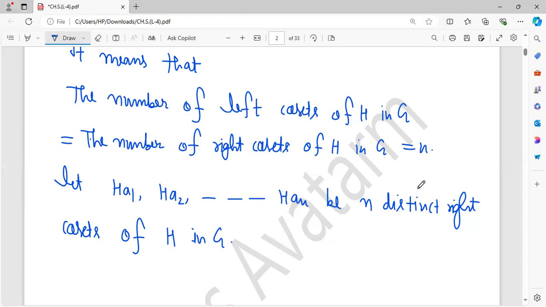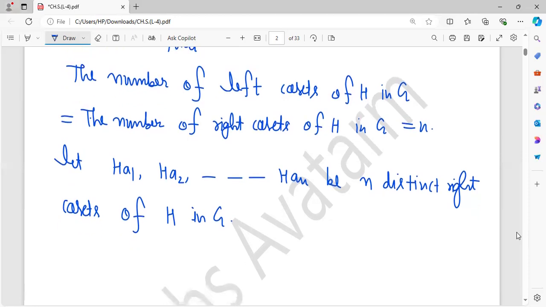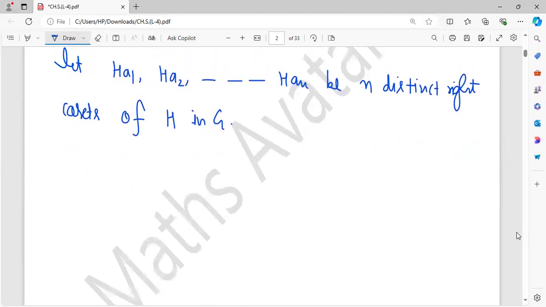So we know that the union of distinct cosets is nothing but G, and they are distinct. Either two cosets are equal or they are disjoint.